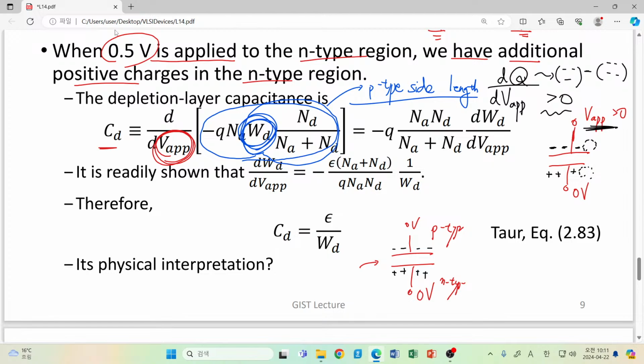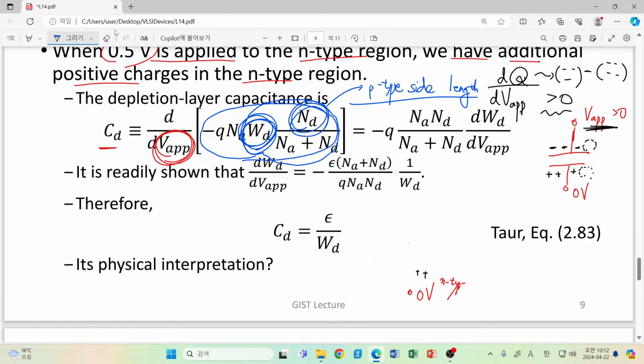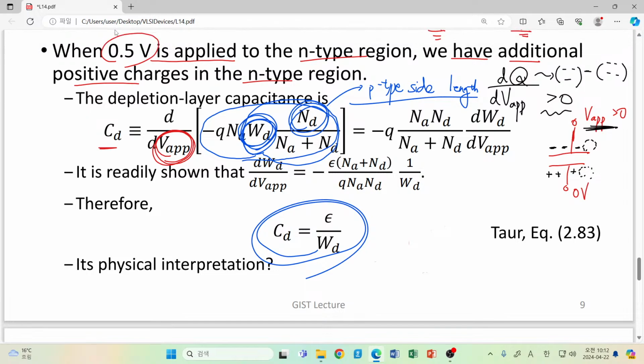If we have a higher doping density, a higher donor density, then the depletion width in the p-type region becomes longer. That's the reason why here we have Nd instead of Na. So after you calculate all of these, you now have a surprisingly simple expression: CD equal to epsilon over WD.